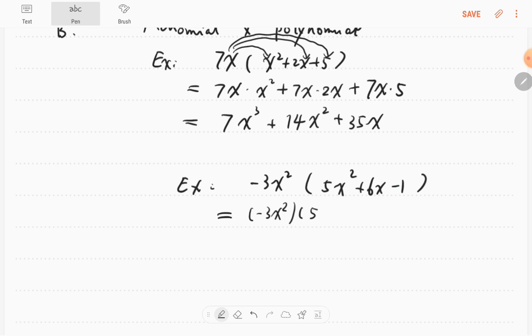So the first, negative 3x squared times 5x, plus negative 3x squared times 6x. Okay, then plus negative 3x squared times negative 1.